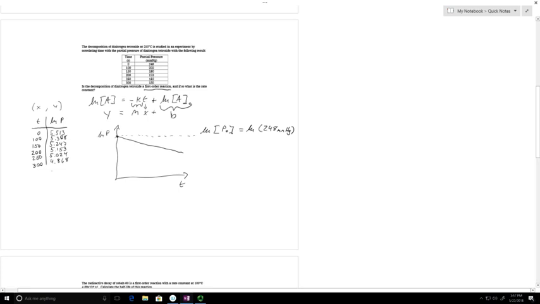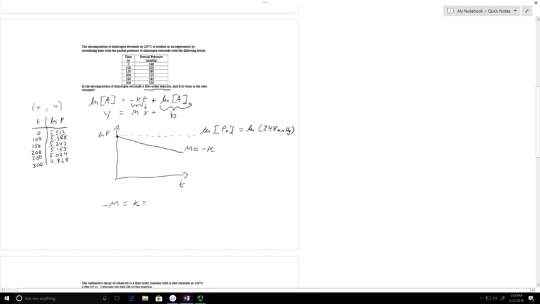And under those circumstances, you would then look and say, okay, we've got a negative k here. So this slope, m, is equal to negative k. So the rate constant would simply be m, negative m rather. So negative m is equal to k.